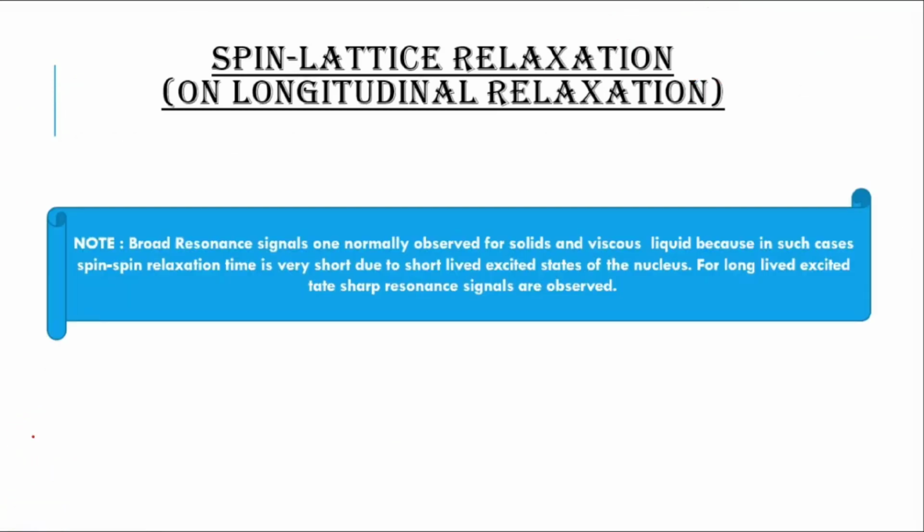And one more thing you need to keep in mind is that broad resonance signals are the ones normally observed for solids and viscous liquids. Because in such cases usually spin relaxation time is very short. So broad signals like something like this. It would not be like this, it will be something like this. Broad signals.